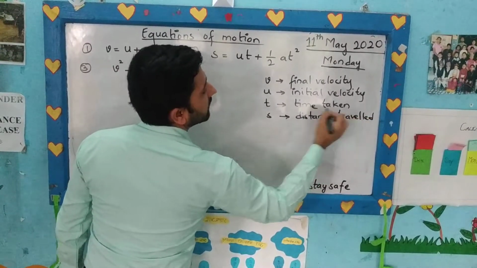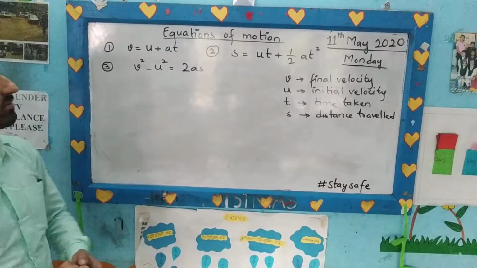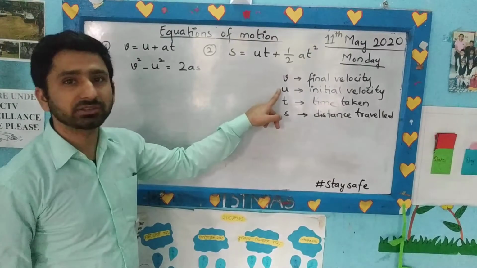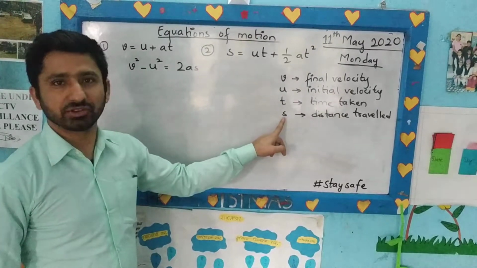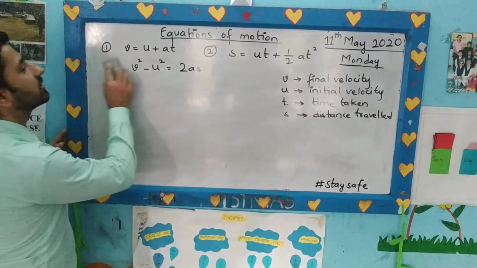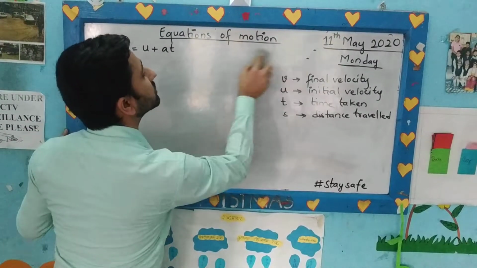And all of them are taken in SI units. That means the units will be meter per second, second and meter. Now let's move to the proof of all these three equations of motion.